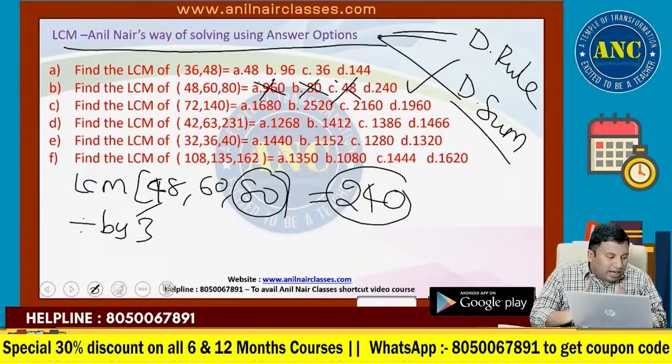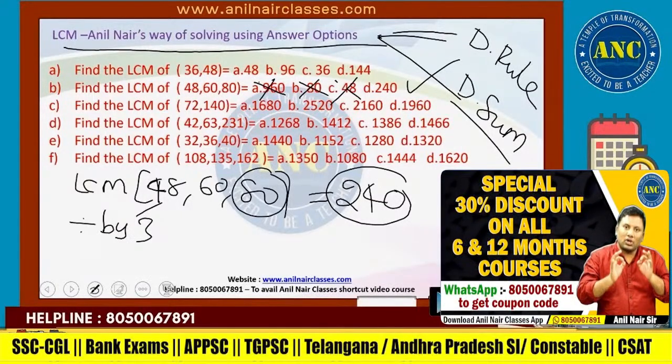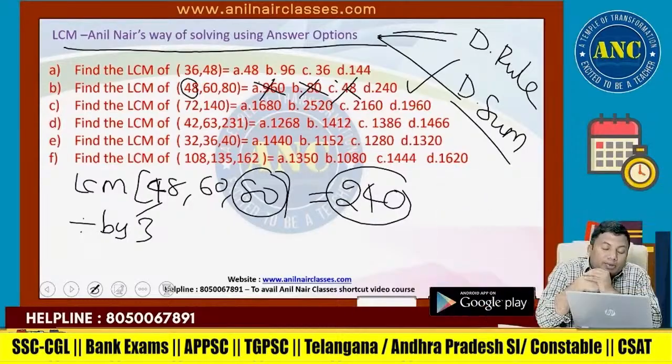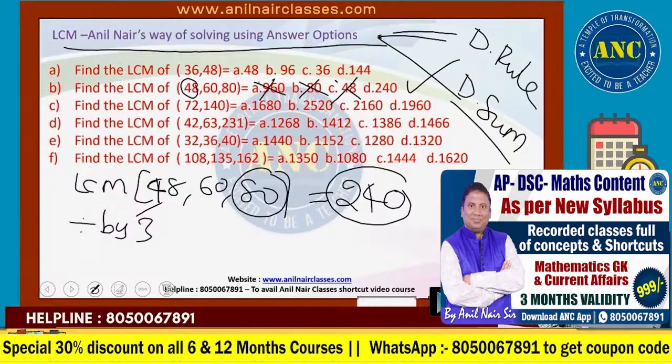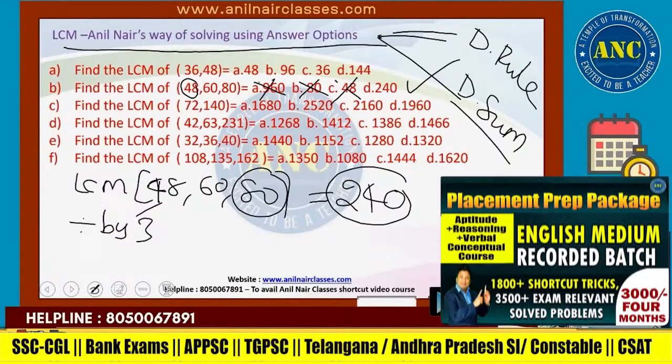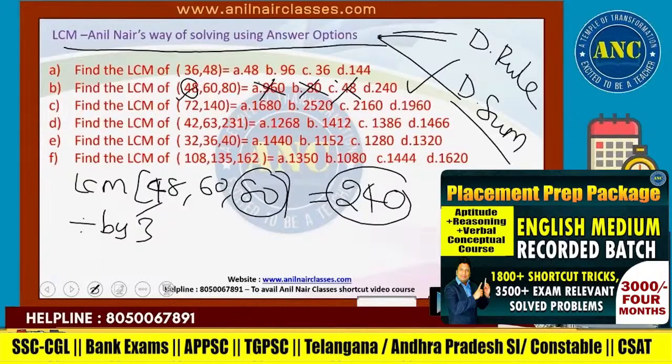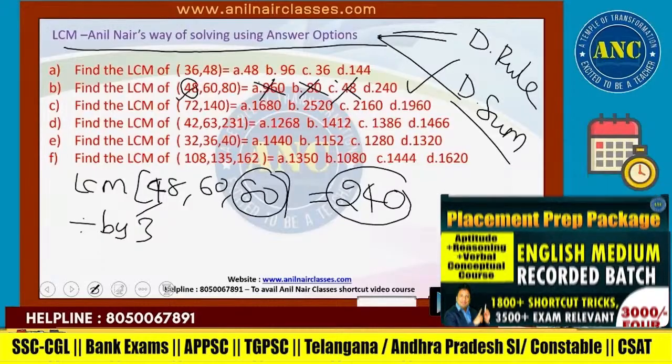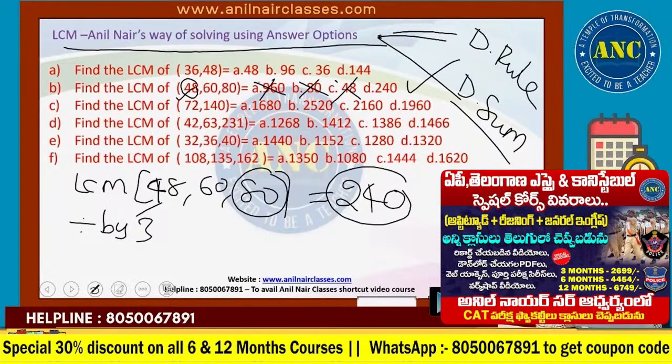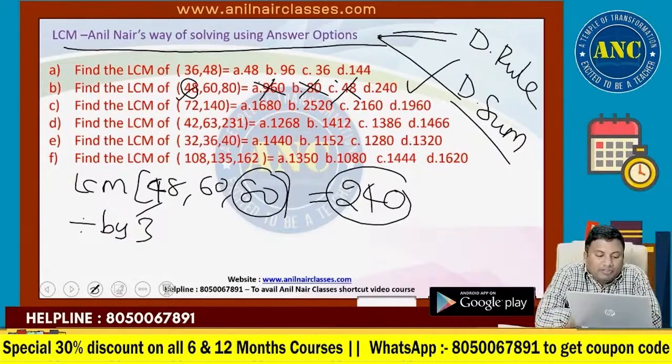48, 60 and 80. 48 is divisible by 3. If one number is divisible by 3, sir, why did you take divisible by 3? No, you can also take divisible by 4. But all the options are divisible by 4, so I have not taken it. 48 is divisible by 3.